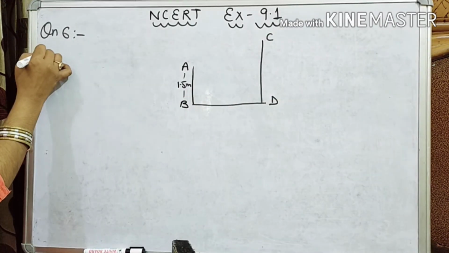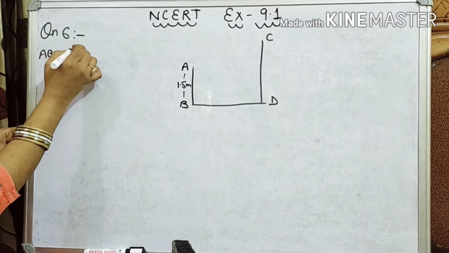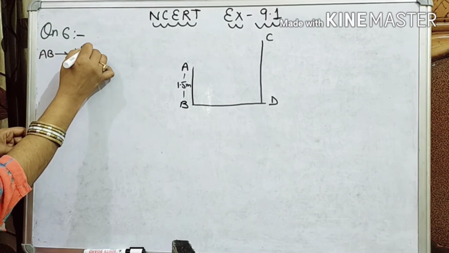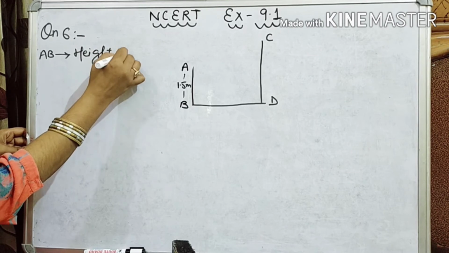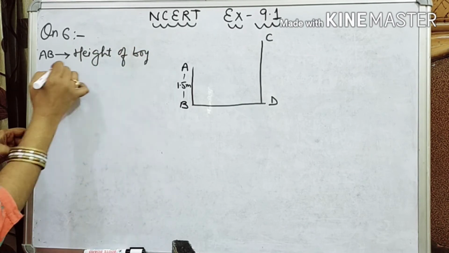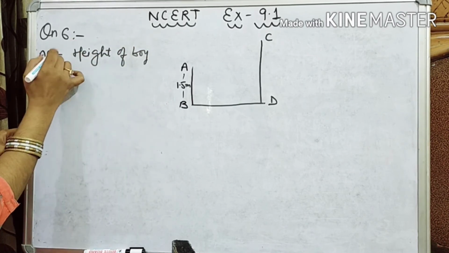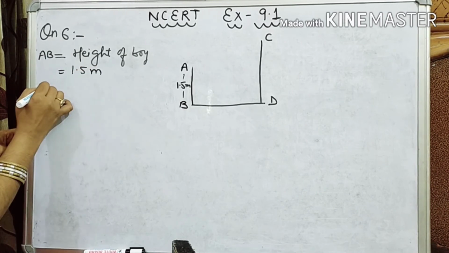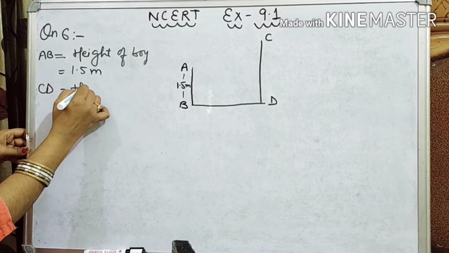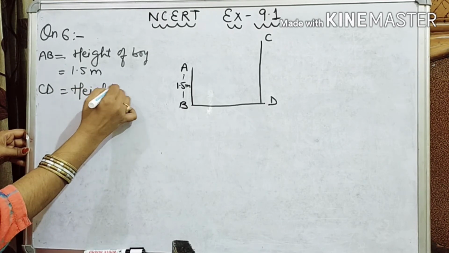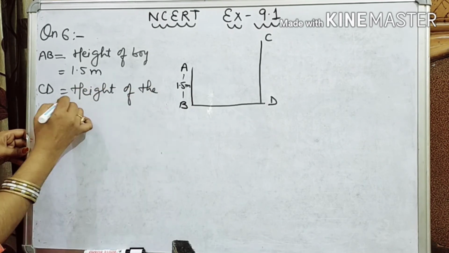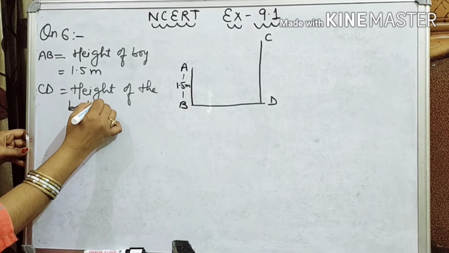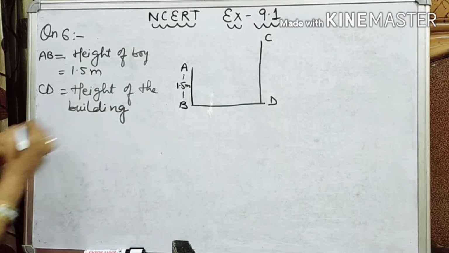So we will write here what we have taken. AB is the height of the boy, which is equal to 1.5 meter. CD is the height of the building, right?